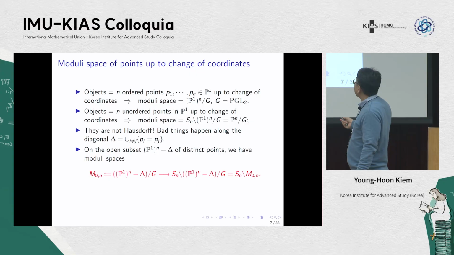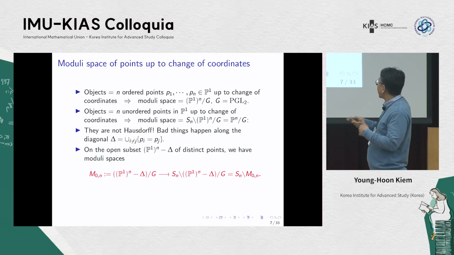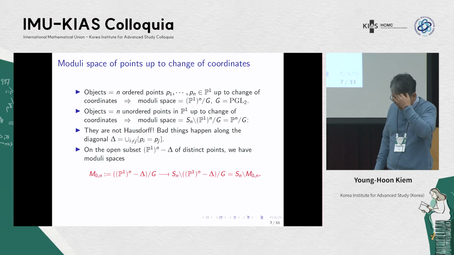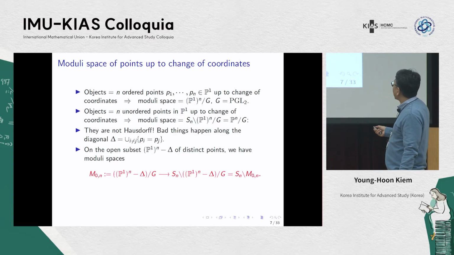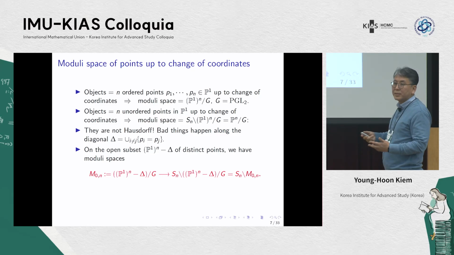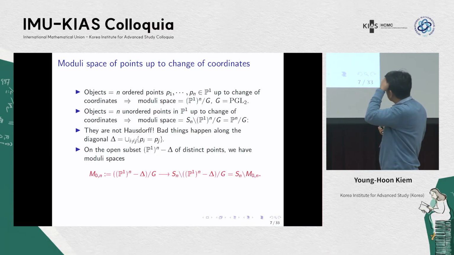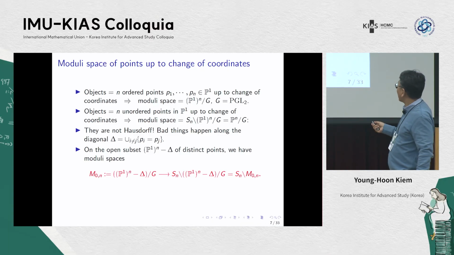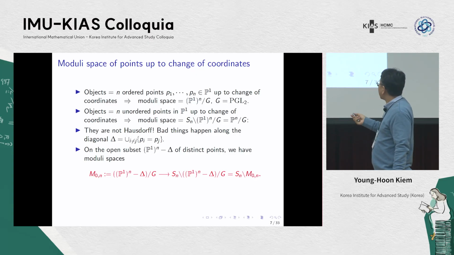So the moduli space we want is the orbit space of P1 to the nth power acted on by G. In the unordered case, we also have to think about the quotient by Sn, and it's the same thing as the space of G orbits in Pn. Once again, because this group G is non-compact, the orbit spaces are not Hausdorff, and bad things can happen along the diagonal.